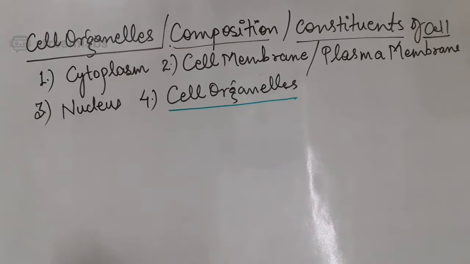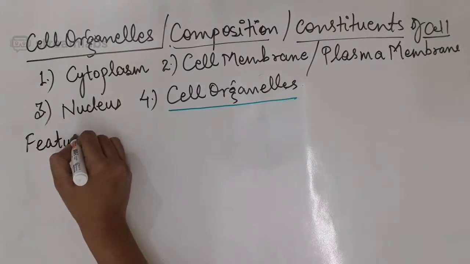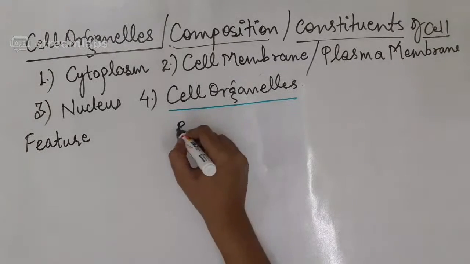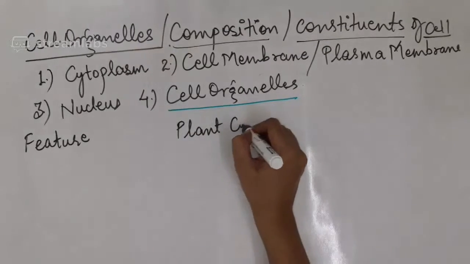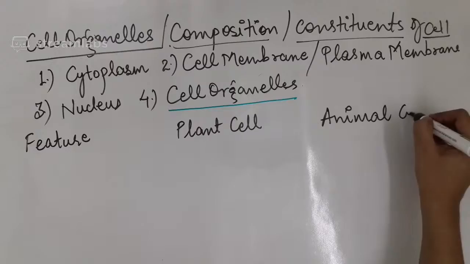Cell organelles which are found only in a plant cell, or you can write it like this: a column containing the features in a plant cell and an animal cell.